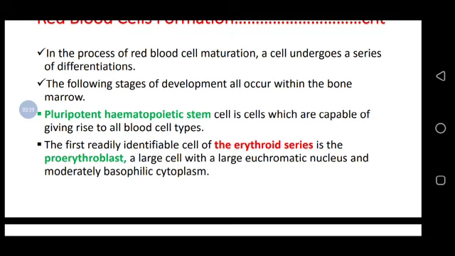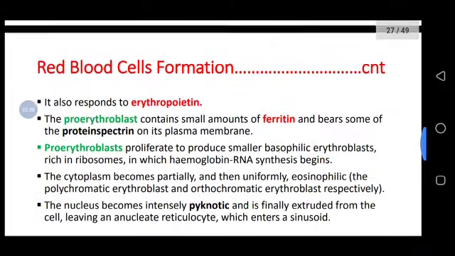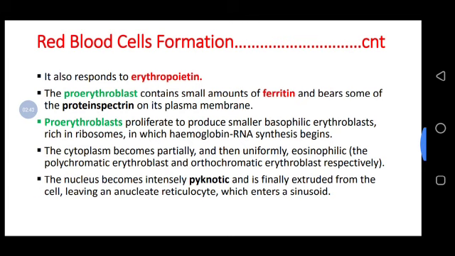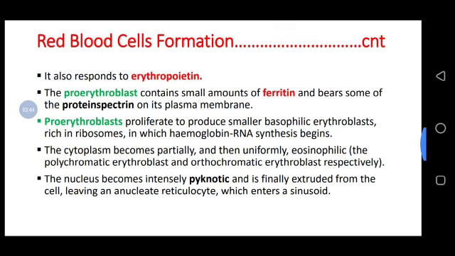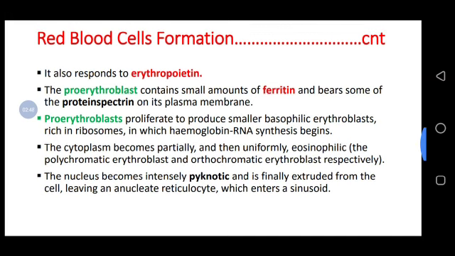So it is a large cell with a large euchromatic nucleus and moderately basophilic cytoplasm. It is also responsive to erythropoietin. Erythropoietin is the hormone which is produced in the kidney.